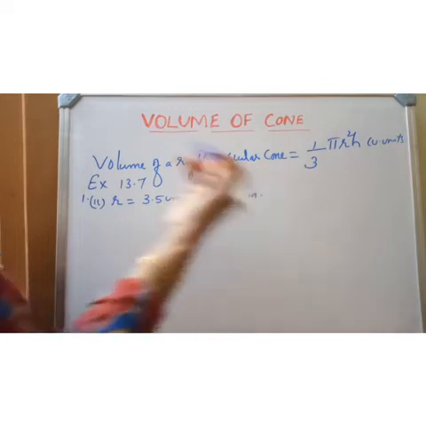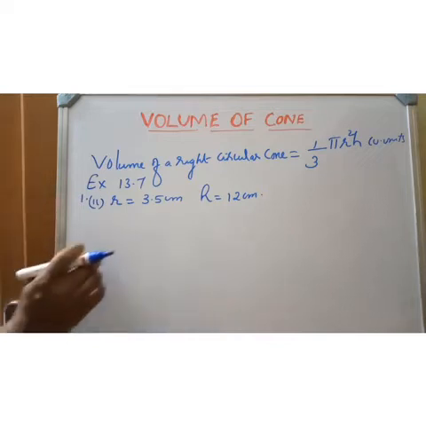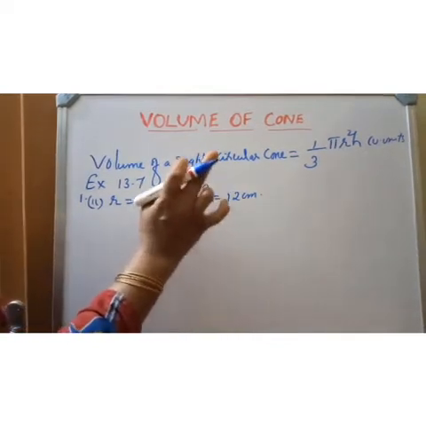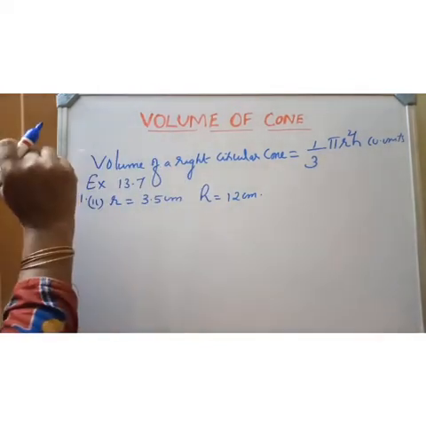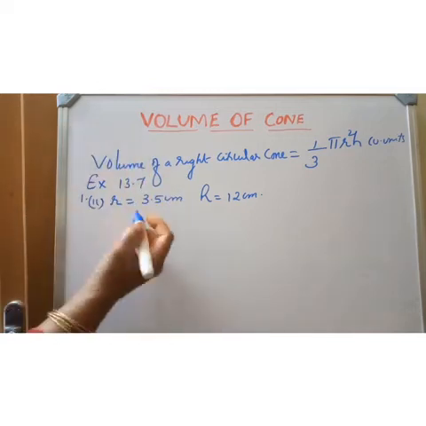So these are the given data in this question. They ask you to find out the volume of the right circular cone with these given measures. Okay. So radius and height are needed for calculating the volume of a right circular cone. Both the values are given directly in the question. So nothing difficult for us.